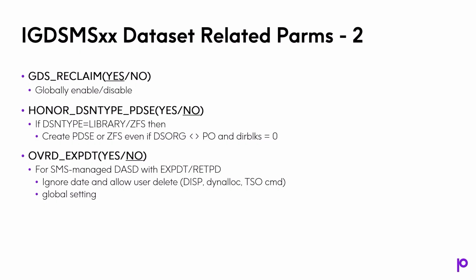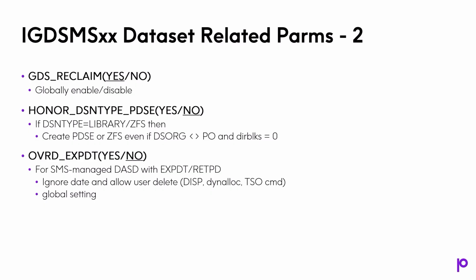One that you might want to consider turning on, though, is honor DSN type PDSE. This is, again, a little confusing because it's very similar parms, but if you specify DSN type equal library, but you didn't specify directory blocks, and you didn't specify DSORG PO, do I want to create a PDSE?